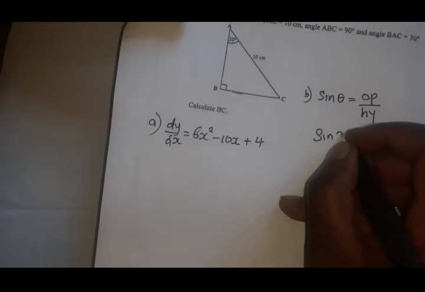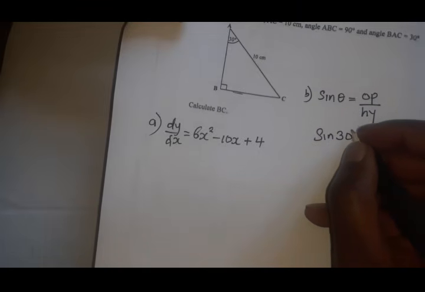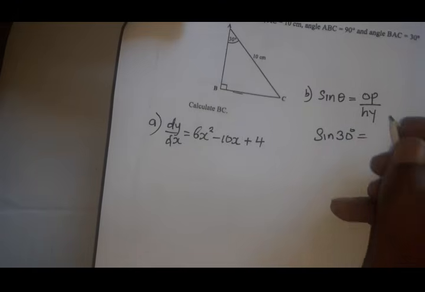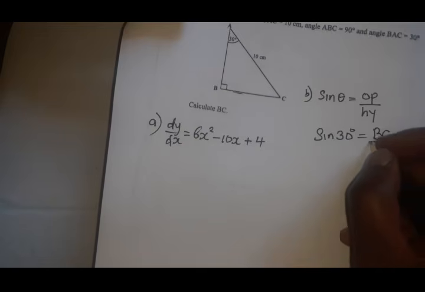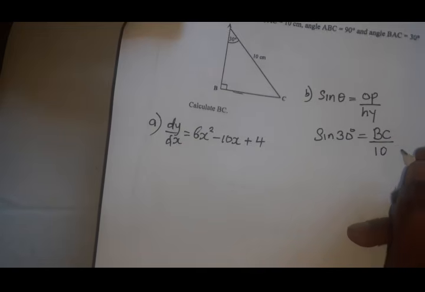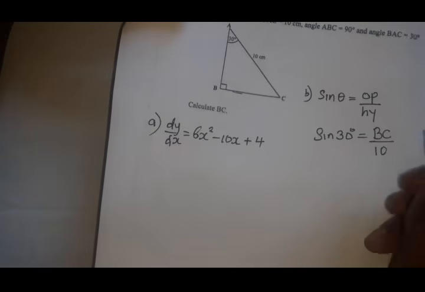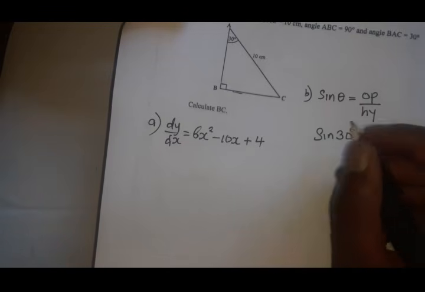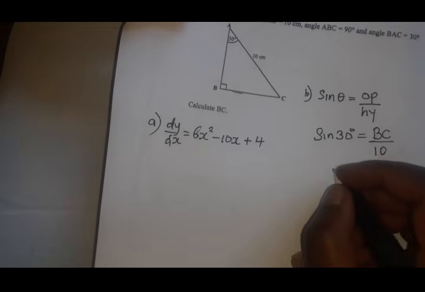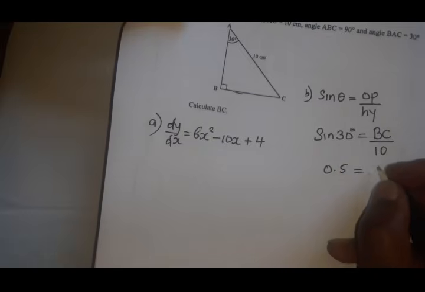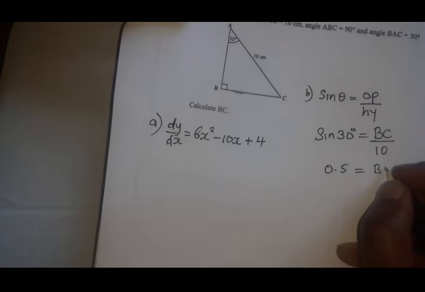So we have sine 30 is equal to the opposite, that is our BC, over the hypotenuse, which is 10. I'm sure you know that 30 is a special angle. So when you simplify this one, sine 30 gives you 0.5. This is equal to BC over 10.